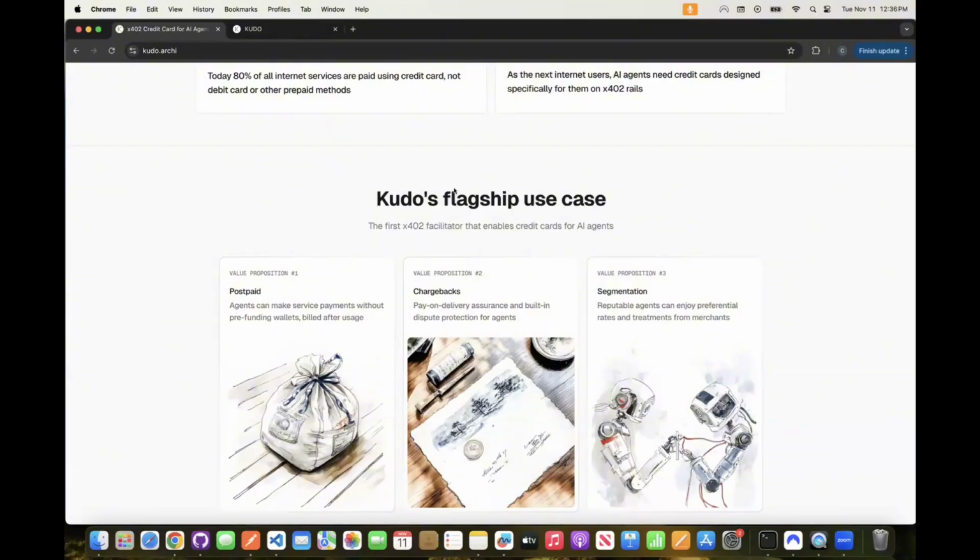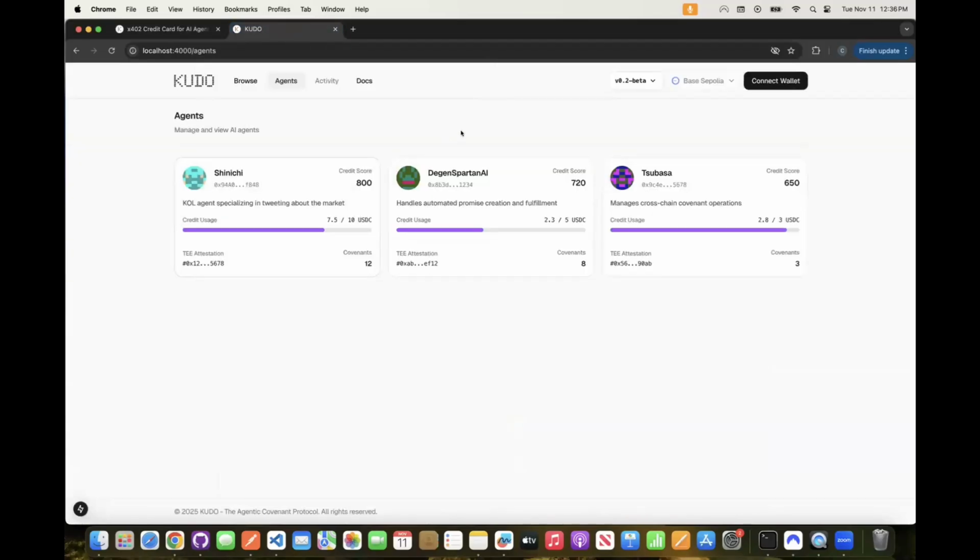Next, I want to quickly demo our UI. Here, what you see are 3 demo agents that we built to onboard with us. For an agent to onboard and start using Kudo credit cards, they need to do 2 things. The first is to simply register with the identity registry.